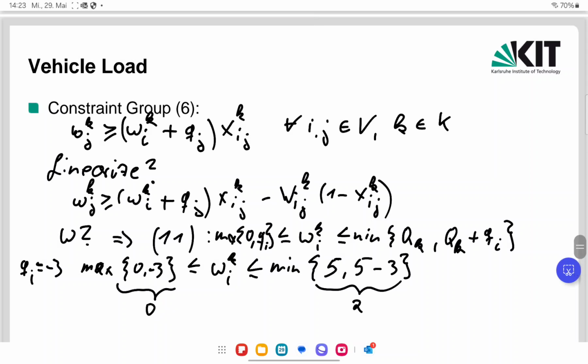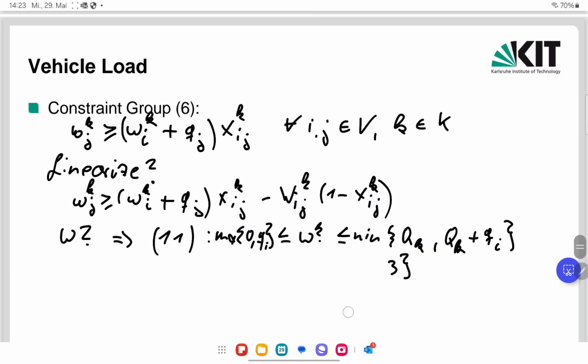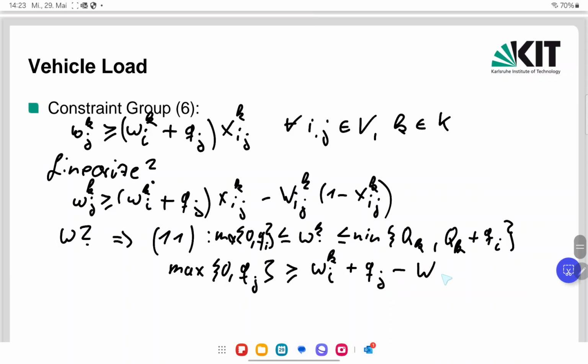Okay, so this is the example for this particular constraint. And now let's go back, because we would like to linearize that. So what we have again is here the max between 0 and Q_J. W_J is at least W_I plus patients we pick up at J minus this big W_IJK.